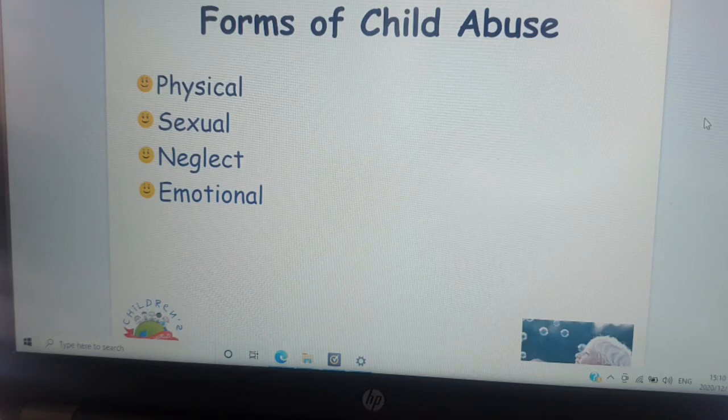We have lacerations, especially around the labial frenulum. So let's say, in instances of domestic violence where the child is being punched, you will find lacerations around the labial frenulum. We have missing teeth with no explanation. So when you ask the guardians or the parent, they cannot account for what happened to the teeth.